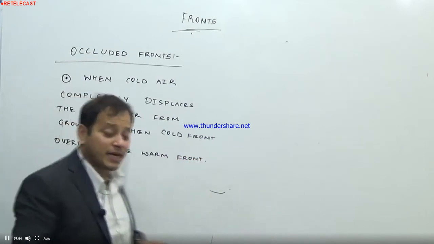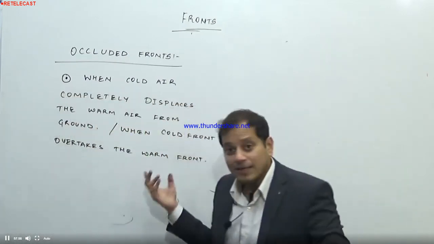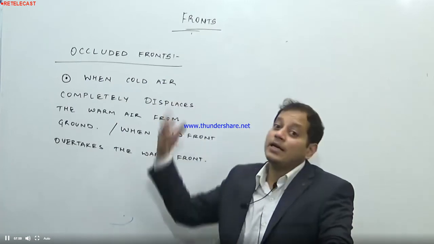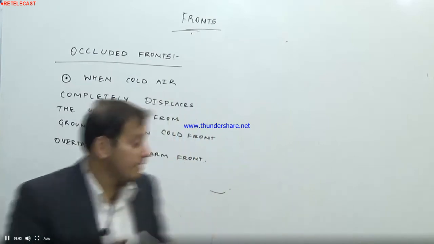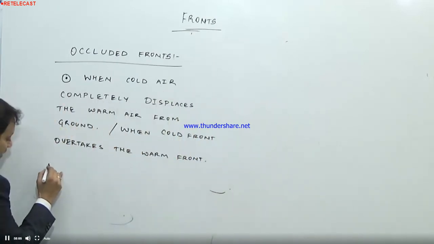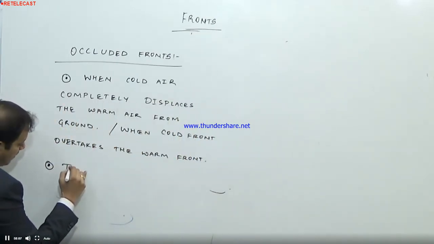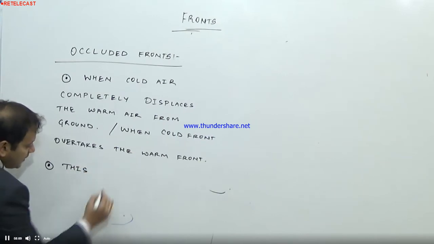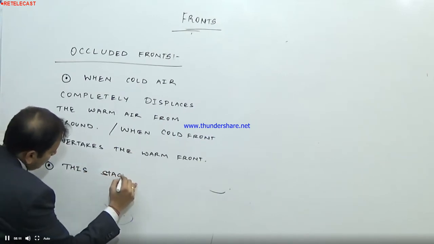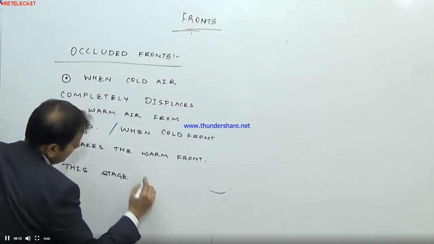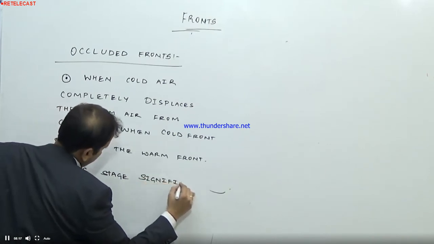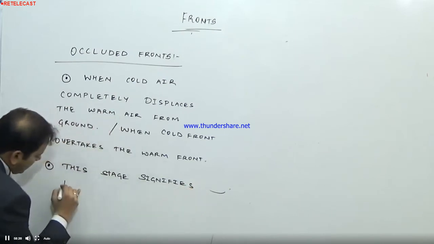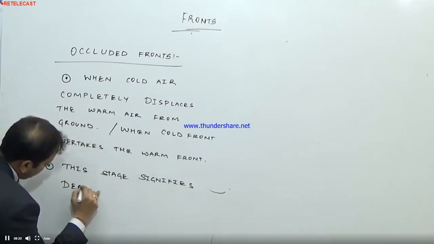As I have shown you in the diagram, what is going to occur? The cold air will be there on the ground and the warm air will be above. So there is no front. The occlusion of a front signifies this stage, frontolysis, the death of a front.